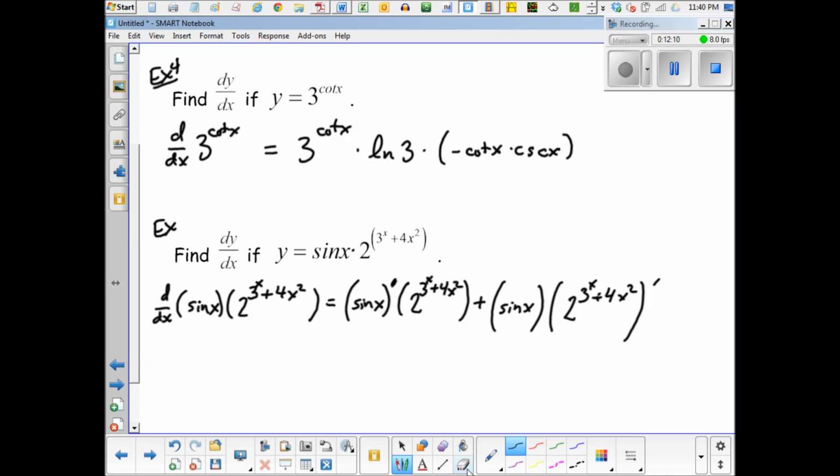And I haven't done any calculus yet, I was just getting it all set up. I like to set those up ahead of time. Okay, so now let's take a look at what we've got. Our first term is cosine x, that's the derivative of sine, and then we have this ridiculous expression.